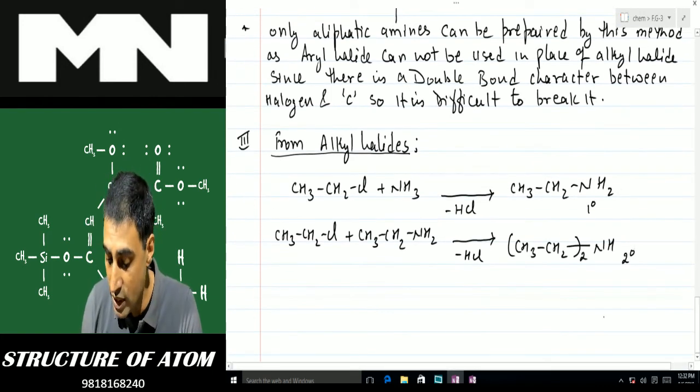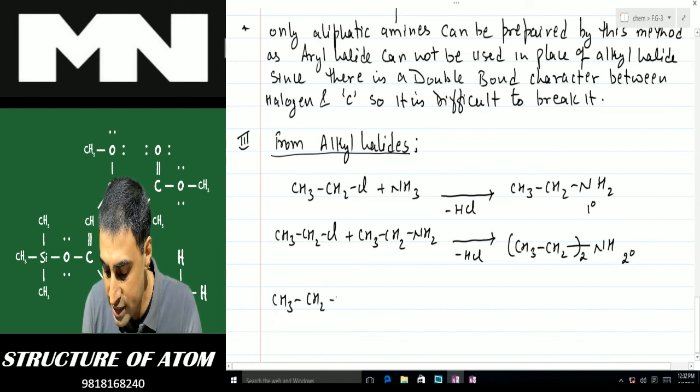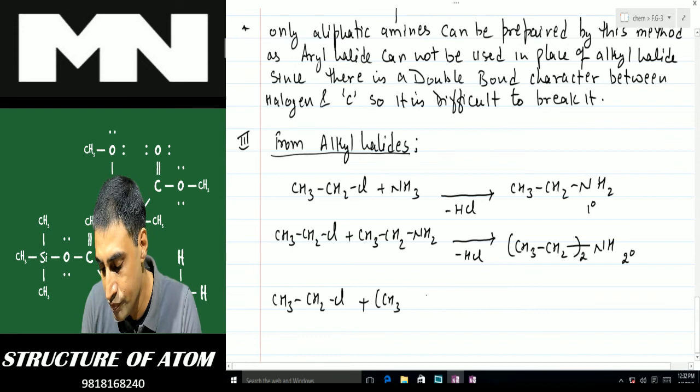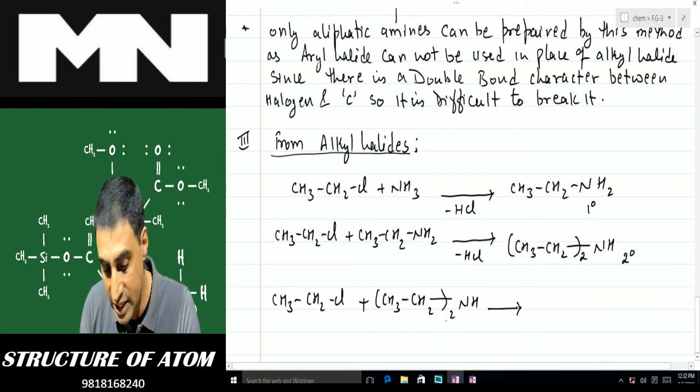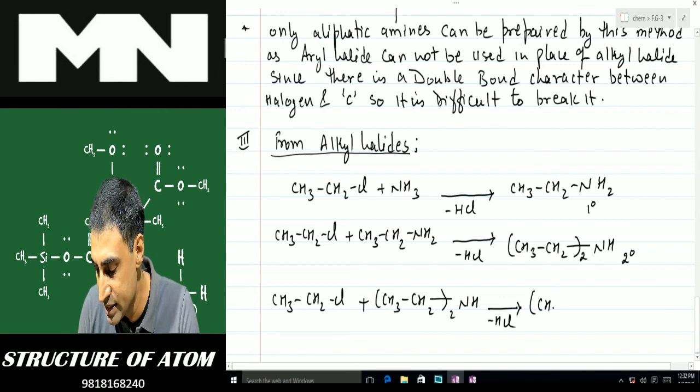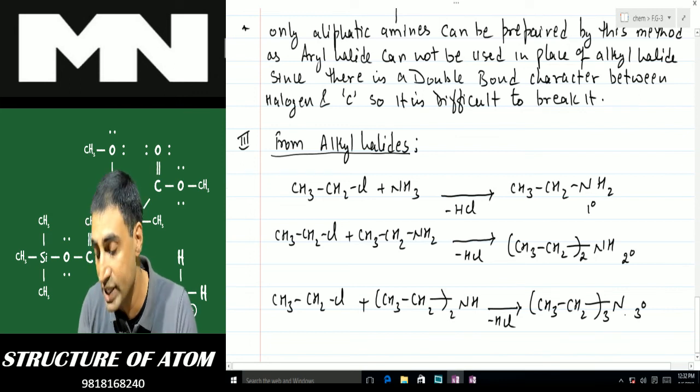This secondary amine will again react with the same alkyl halide, CH3CH2Cl. Again, one H and Cl come out as HCl, and you will get (CH3CH2)3N. 3-degree amine you are getting.